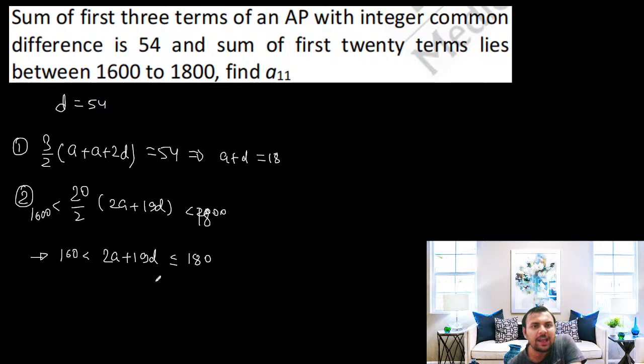So what will happen? It is an integer. So a is what? 18 minus an integer, 18 minus d. That means a is also an integer. So these are going to be integers, isn't it?